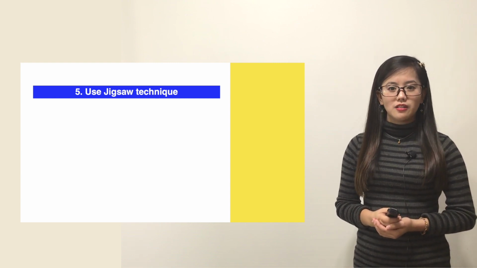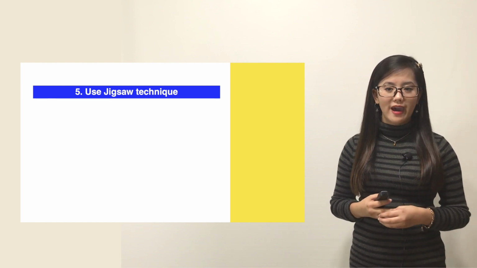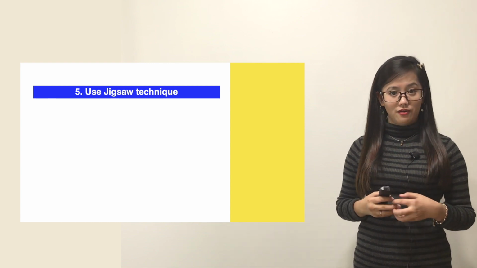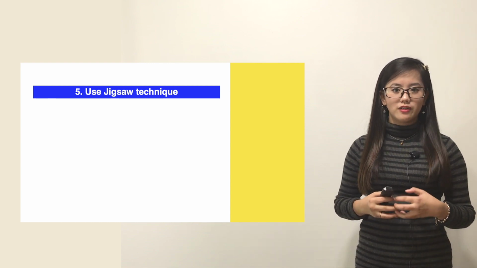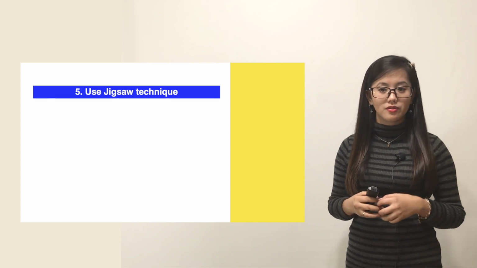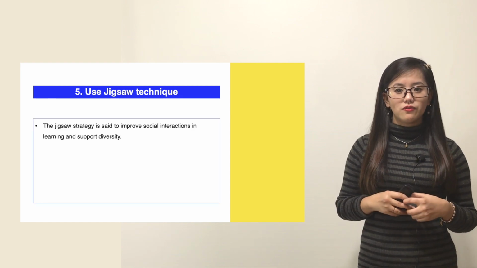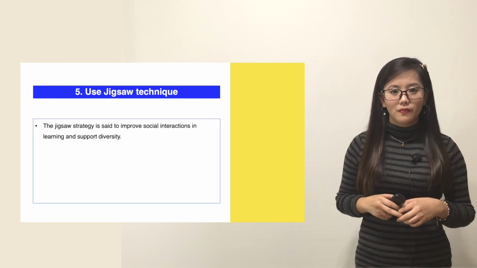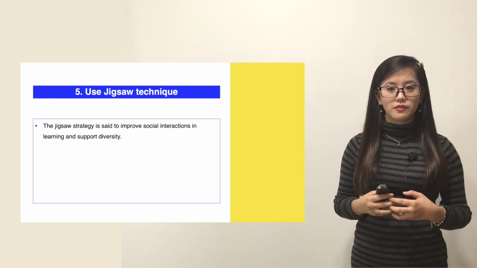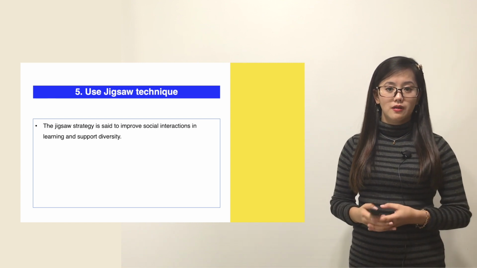Well, the jigsaw strategy is said to improve social interaction in learning, and it supports diversity. It involves separating an assignment into subtasks where individuals research their assigned areas, and students with the same topic from different groups might meet together to discuss ideas between groups.